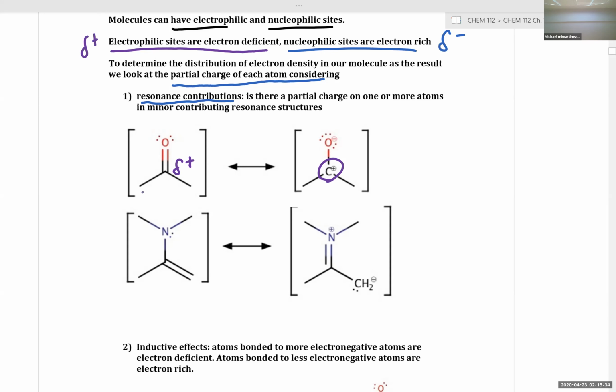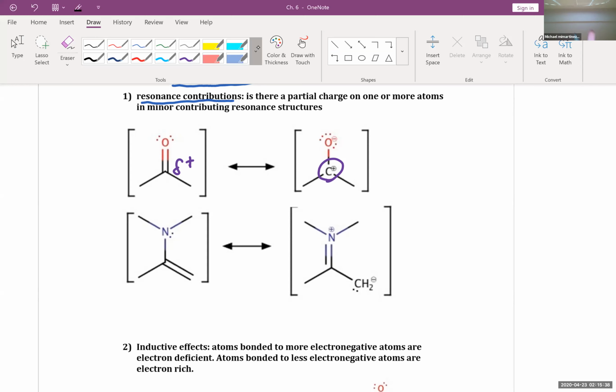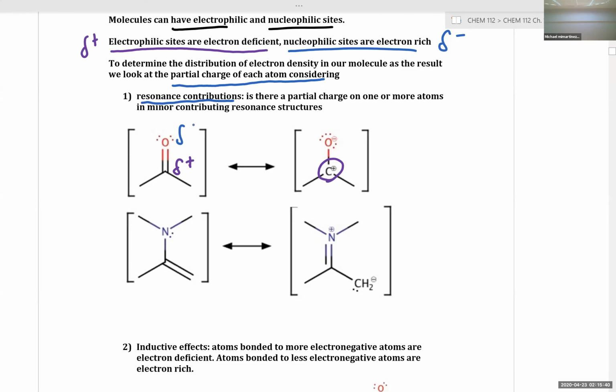Let me not draw it as an arrow. And we'd expect the ketone oxygen to be slightly nucleophilic. Likewise, if we're looking at an enamine, we have a major resonance contributor where the rightmost carbon has a formal negative charge.